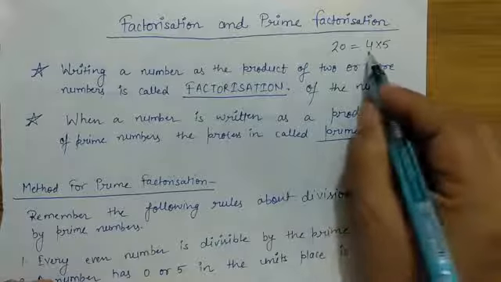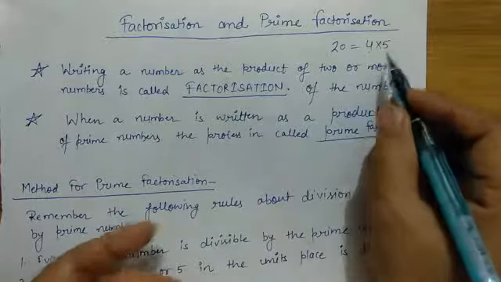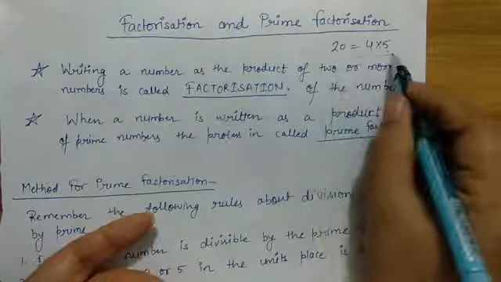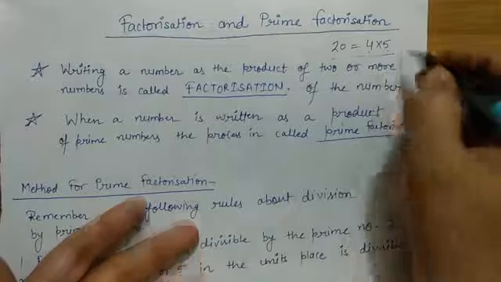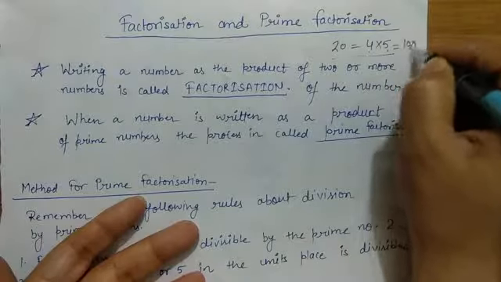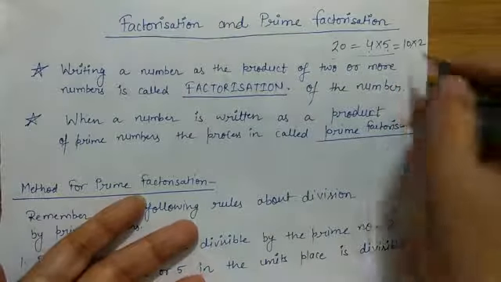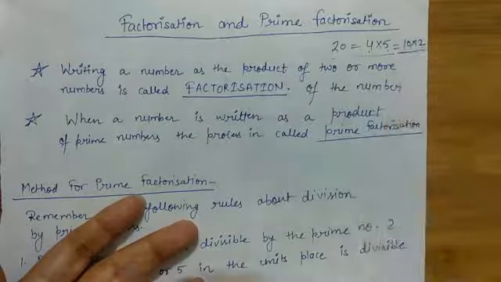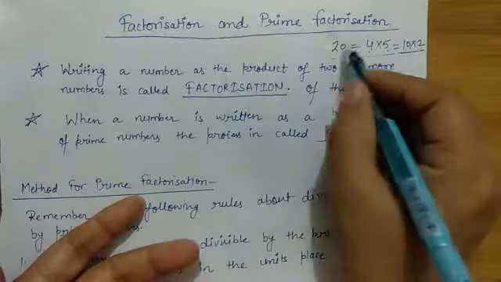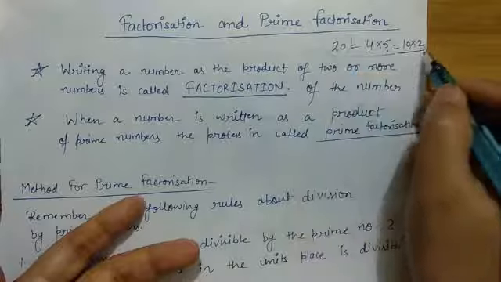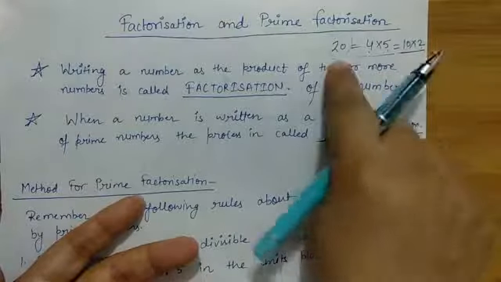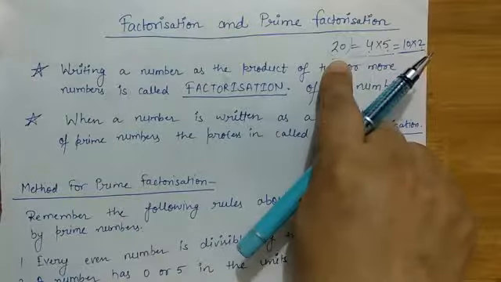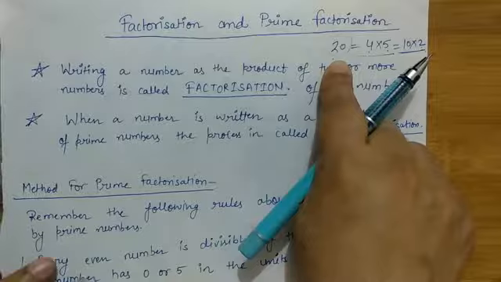These two, 4 and 5, are factors, and this process is called factorization. If we want, we may write it as 10 into 2 also. These are also factors of 20, and this process is also factorization. We are breaking the number into two or more parts, and their product gives that given number.